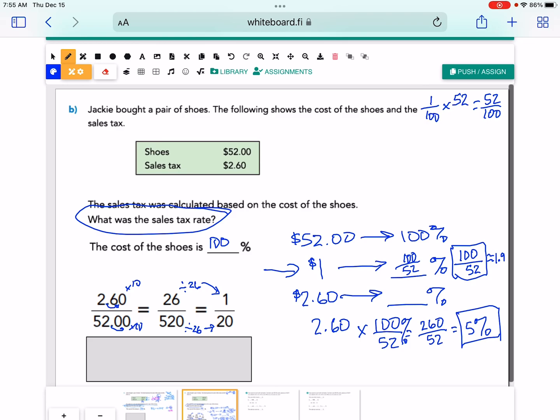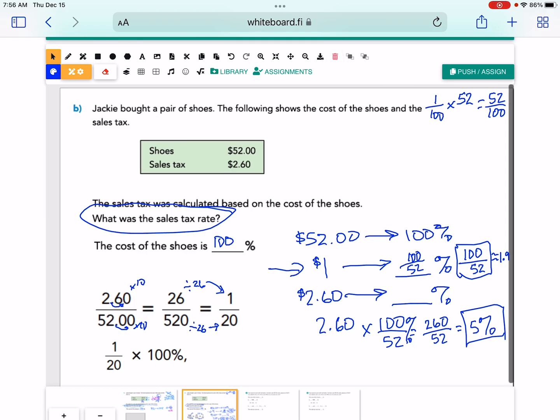And you know that 1/20th is a friendly fraction to making some sort of a percentage, right? Because 20 times 5 becomes 100. So let's go ahead and show that as well. We can either do 1/20th times 100%, which gives us 100 over 20, which is percent.